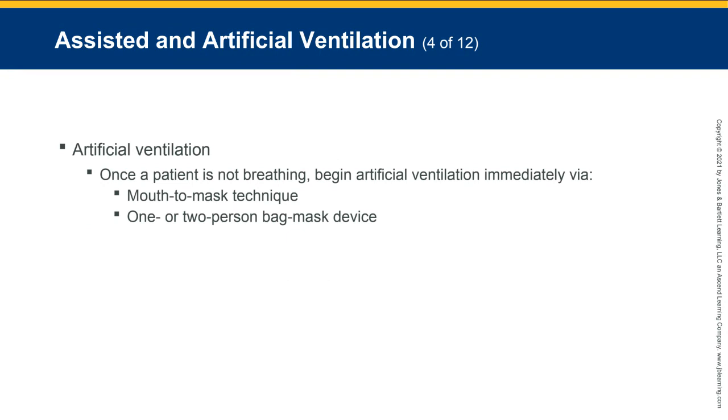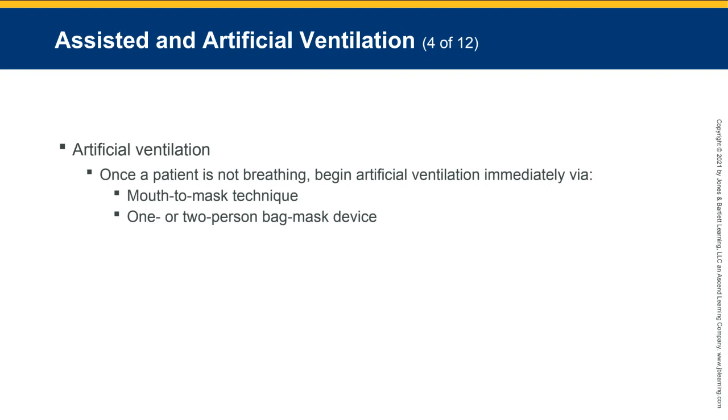Now, artificial ventilation. Once a patient is not breathing, begin artificial ventilation immediately via a mouth-to-mask technique or 1 or 2 person bag mask device. The most effective method is mouth-to-mask.